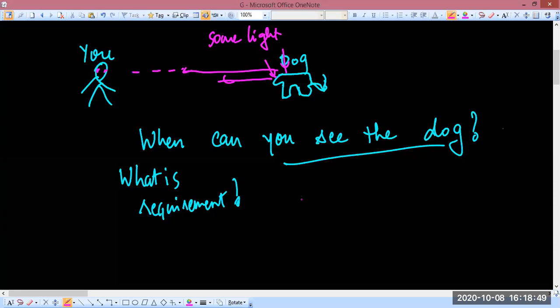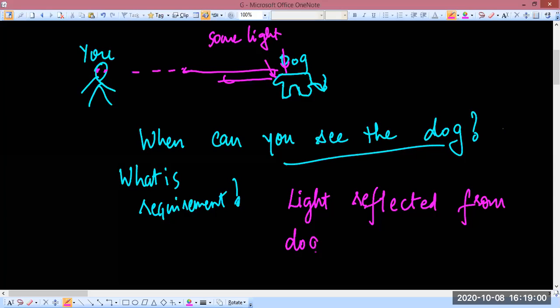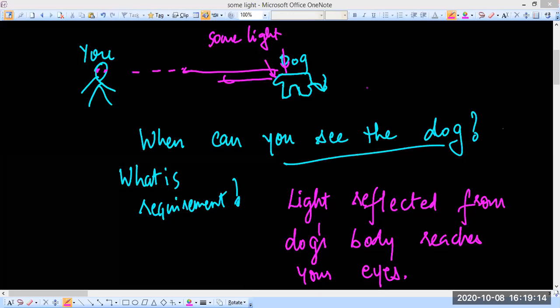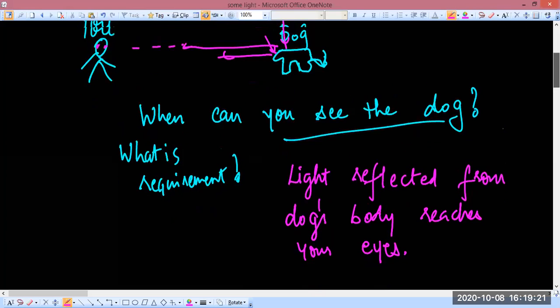This is the only correct answer to this question. When light reflected from the dog's body reaches your eyes, in that case you are going to see the dog, otherwise you will not see the dog. Okay, fine.